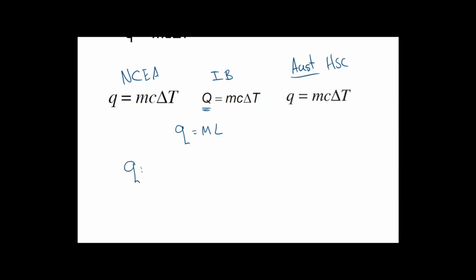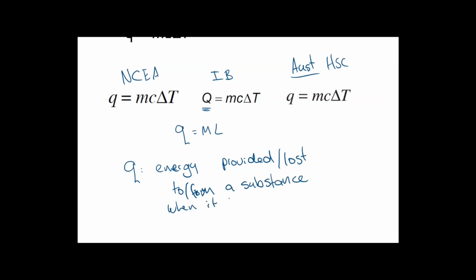So Q here is energy, and it's the energy provided or required or lost to or from a substance when we heat it. So when it gains temperature or loses temperature.